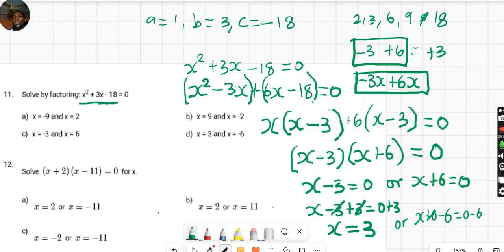So again, plus 6 minus 6 will go away. We have x to be equal to minus 6. So the correct option here is x is equal to plus 3 and minus 6. Which option is that? Option D is the correct one.